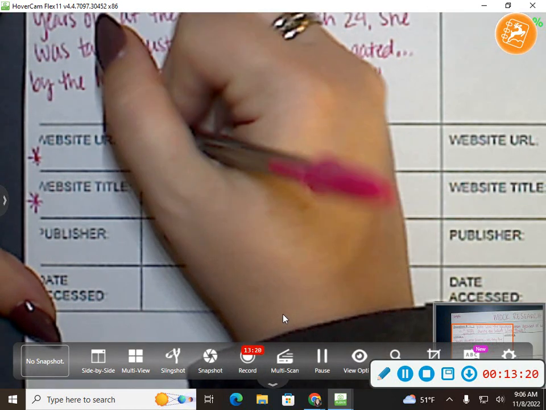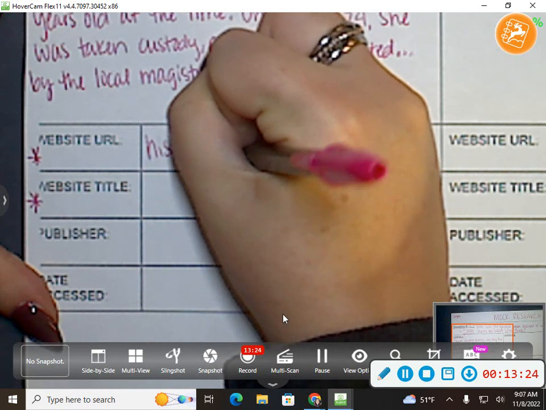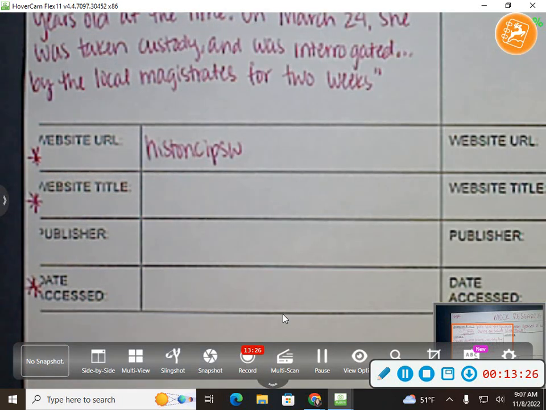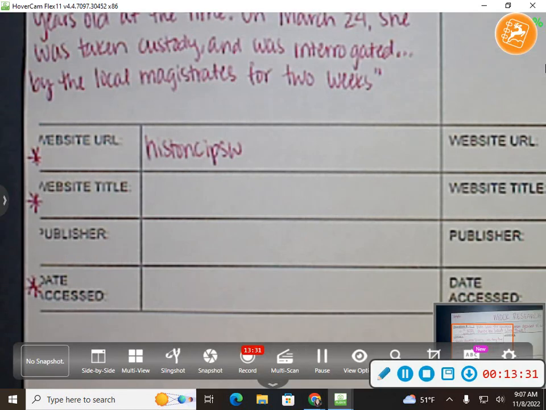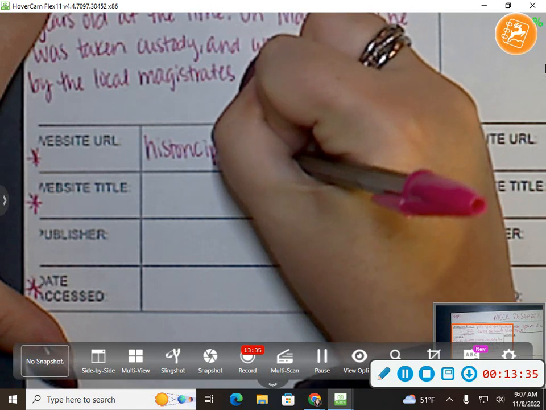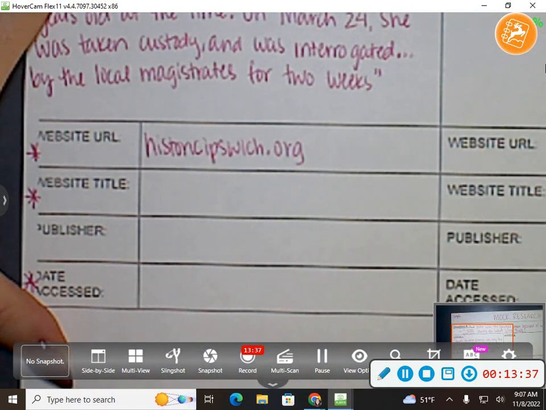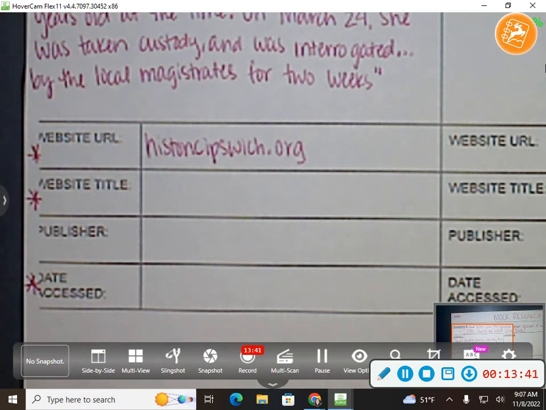It's historicipswich.org. Now, you're going to sometimes find that you have websites with longer URLs. That's okay. This one just happens to be shorter.